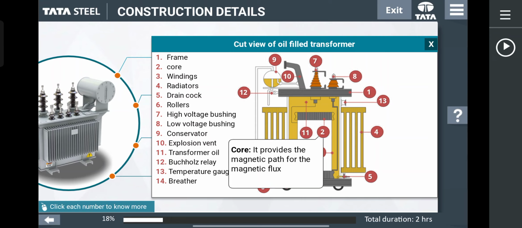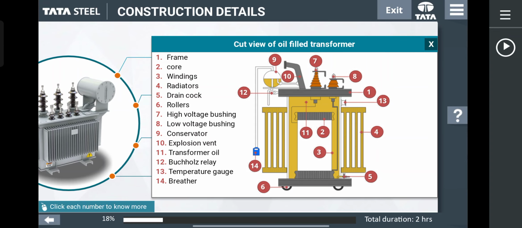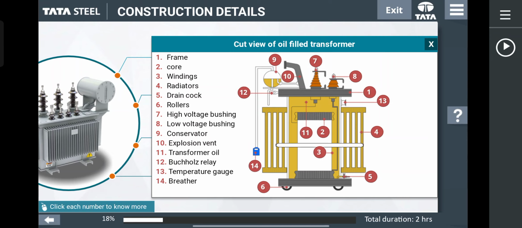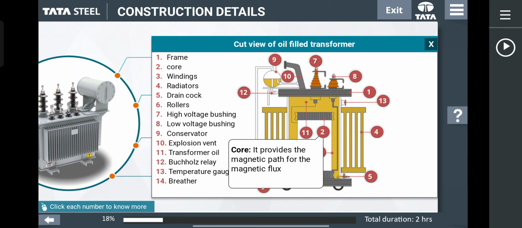Core. It provides the magnetic path for the magnetic flux. Windings. These provide the path for electric current.